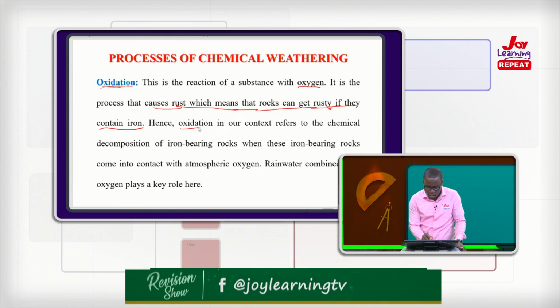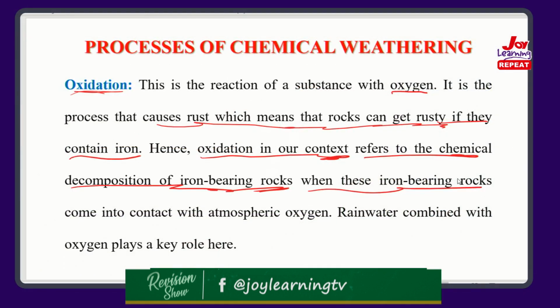Hence, oxidation in our context here refers to the chemical decomposition of iron-bearing rocks, meaning that rocks that have iron in them, when these iron-bearing rocks come into contact with atmospheric oxygen.